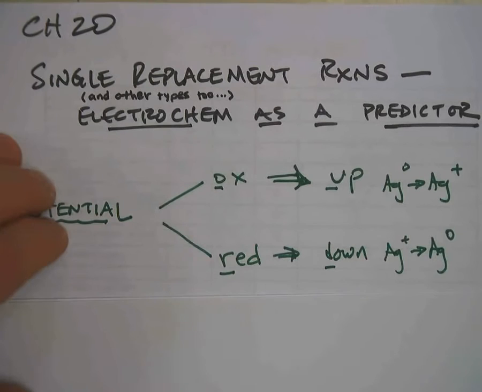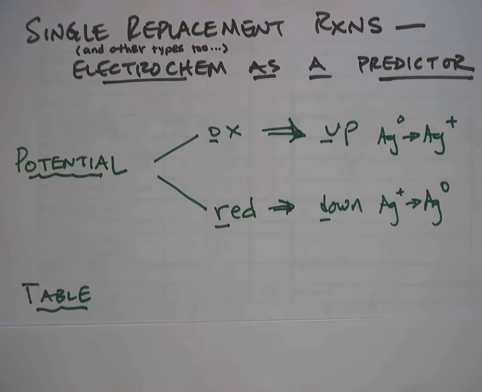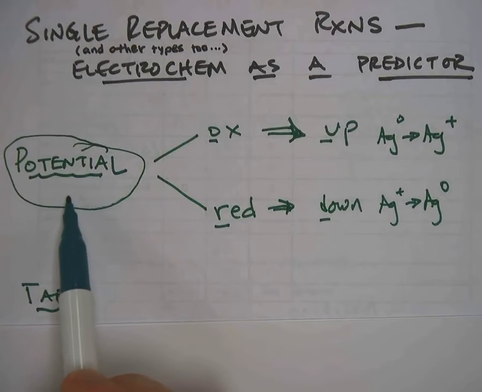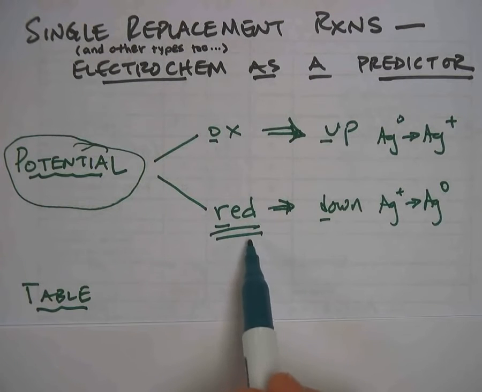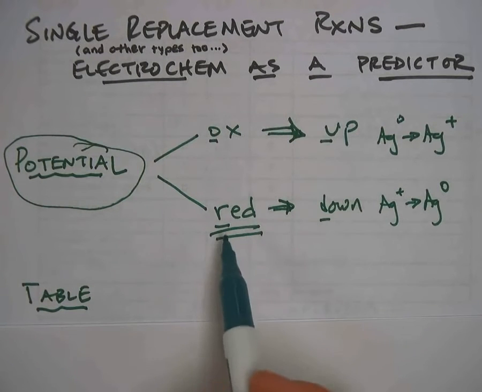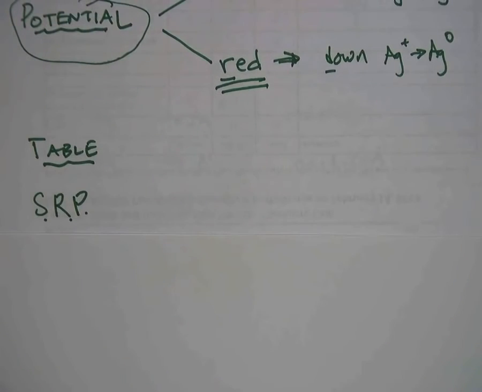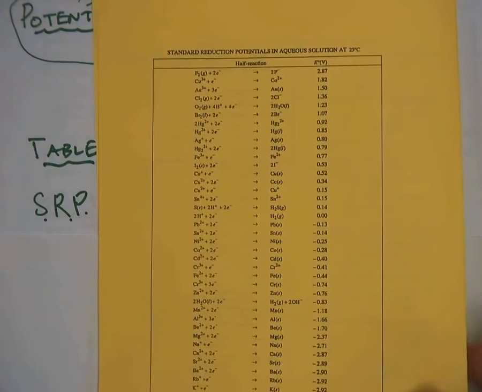Now, scientists have made a table of the potential of lots of things being reduced. They just picked reduction as the thing they want to tabulate. This is called the table of standard reduction potentials, and it's this yellow table that we've got on the periodic table.